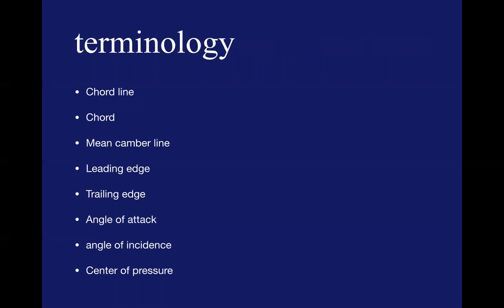move. So some of the terminology we're going to go over is the chord line, which refers to a straight line intersecting the trailing edge and the leading edge of the airfoil. The chord dimension is the dimension of the chord line. The mean camber line is a line that runs halfway between the upper and lower surfaces of the airfoil.